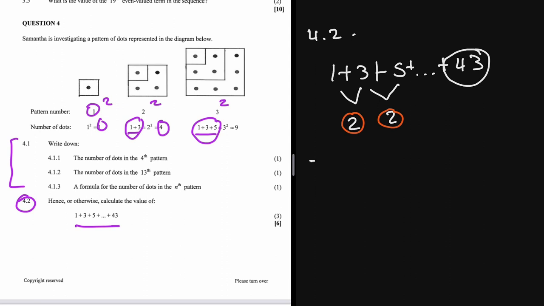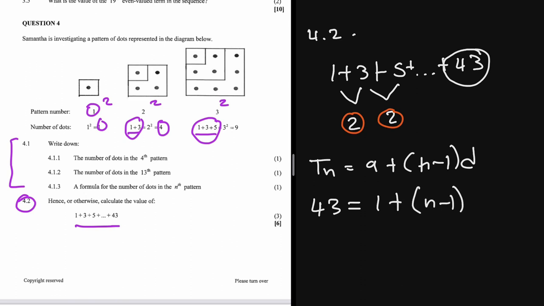We know the general term of a linear pattern is A plus n minus 1 multiplied by D. The A represents the first term, the D is the difference, and then the Tn will represent the last value because we are looking for the position of the last value. So we're going to substitute 43 where we see Tn, and the value of A is 1. Now we can determine the value of n because the difference is 2.